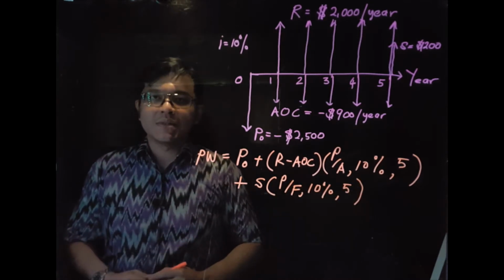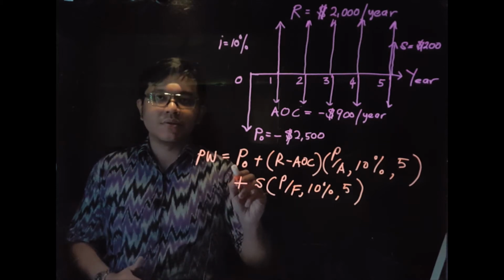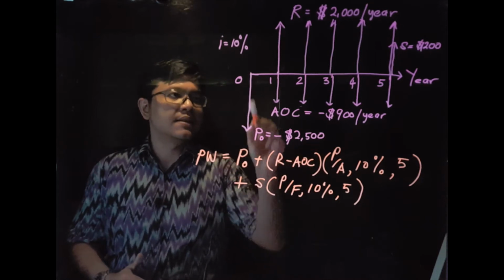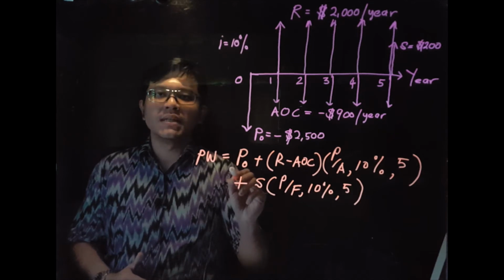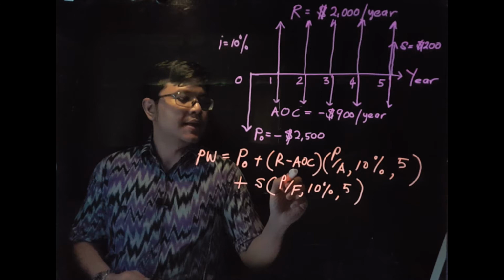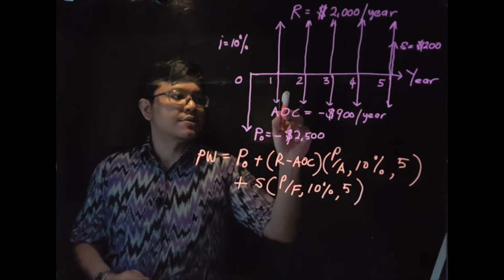Let me explain what's happening here. The first term is the first cost of the project, and since the first cost of the project is already a present worth value at T0, you don't need to do any conversion here. In the second term, I'm taking the net cash flow between revenue and the cost.